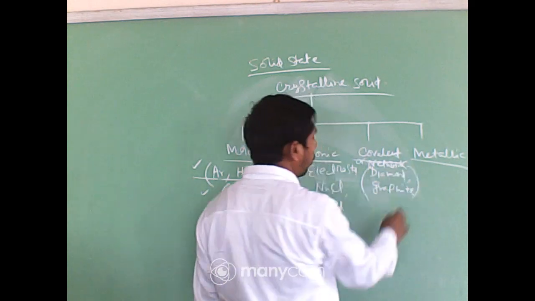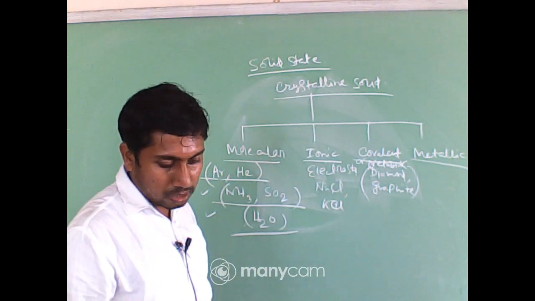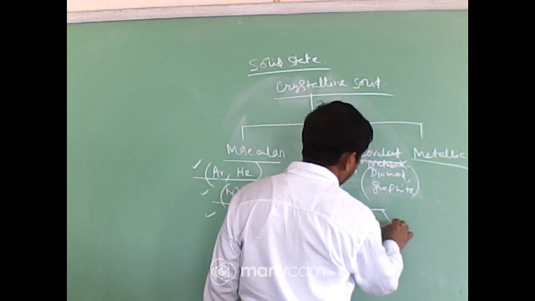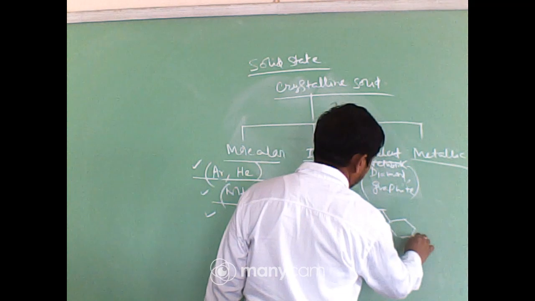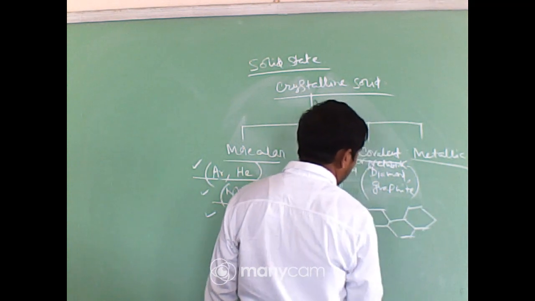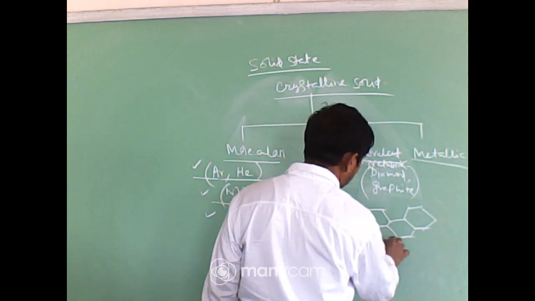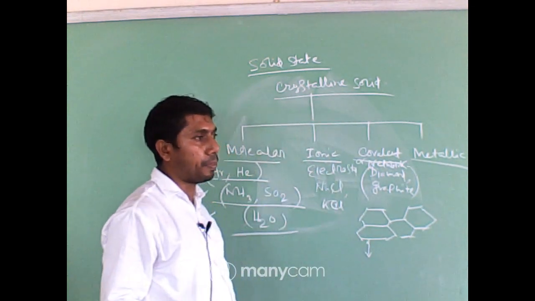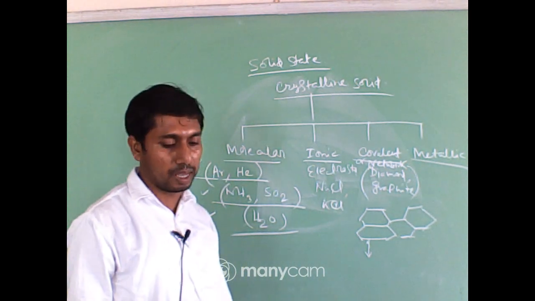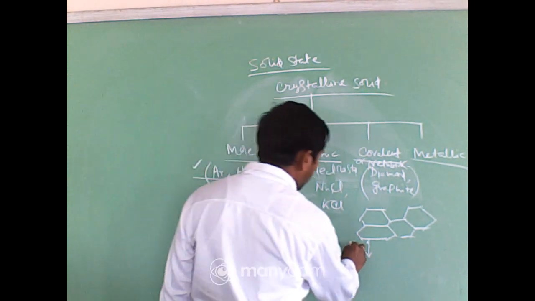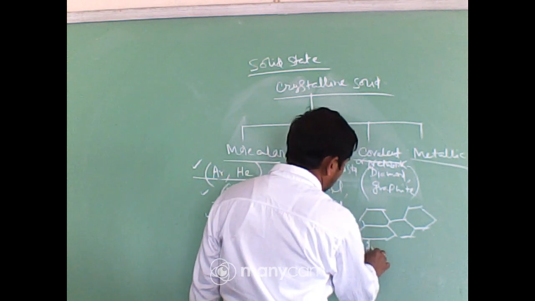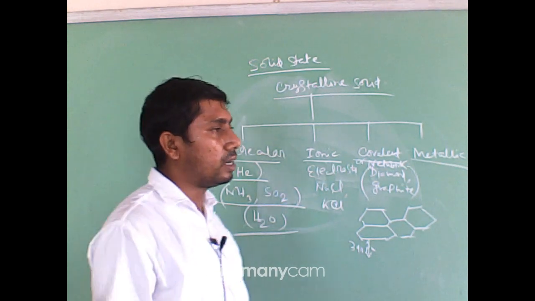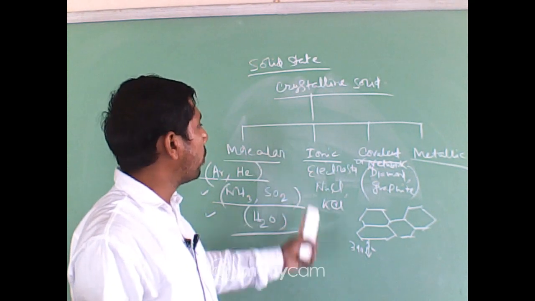Because if you follow the structure of, suppose, graphite, it is a layered shape. Suppose this is one layer. Again, at a fixed distance apart, there is also one same layer. The distance is 340 pm. There is the same kind of layer. So, this layer structure produces a large network, producing the covalent solid.